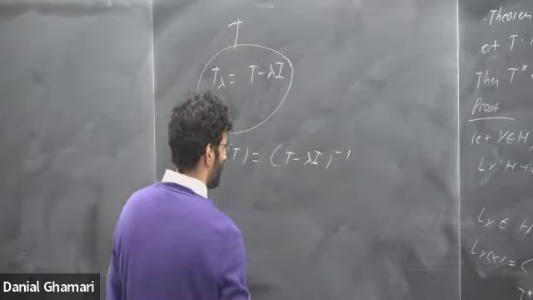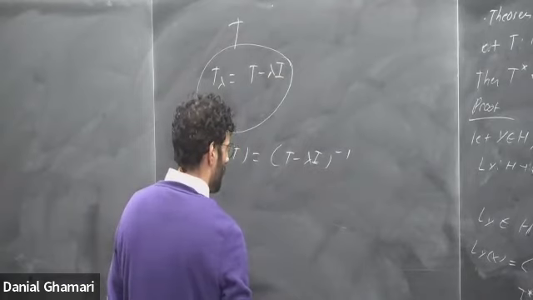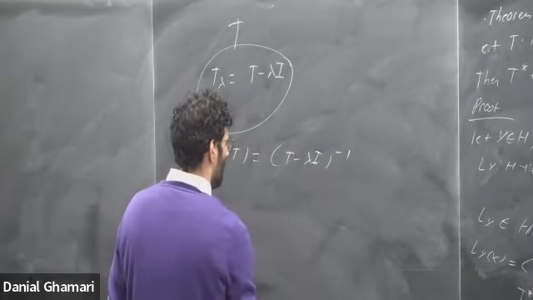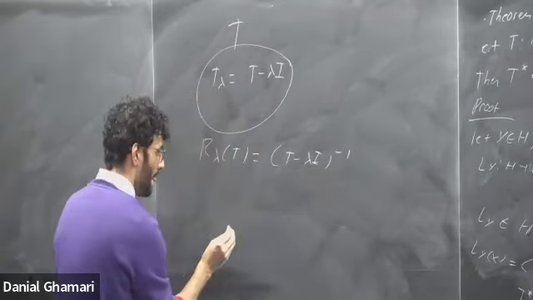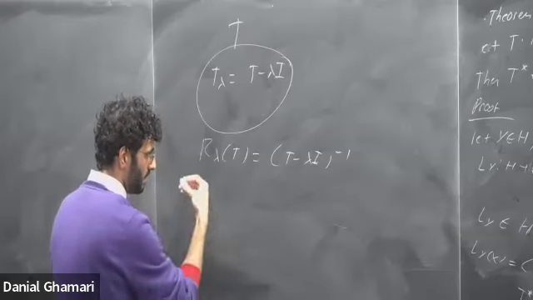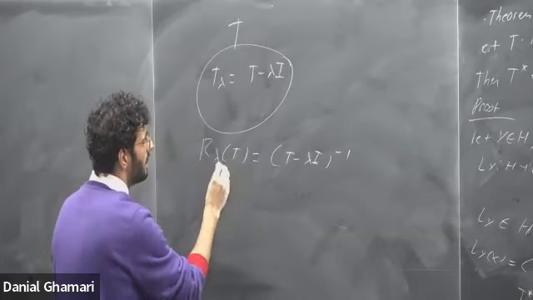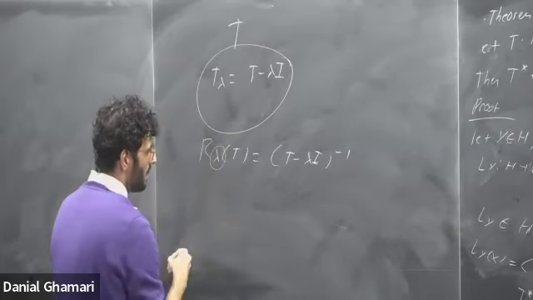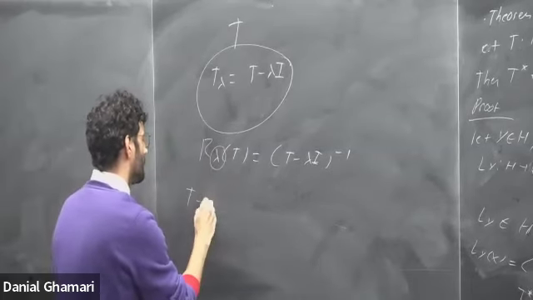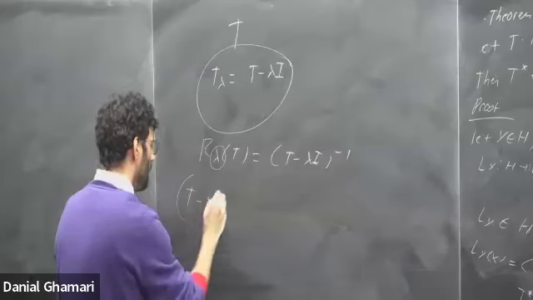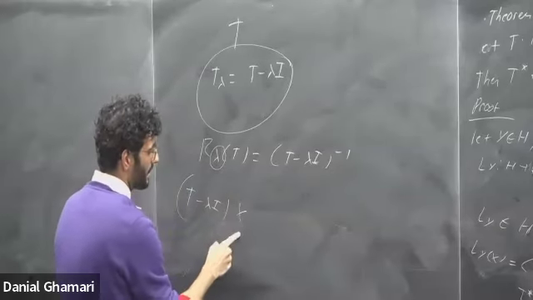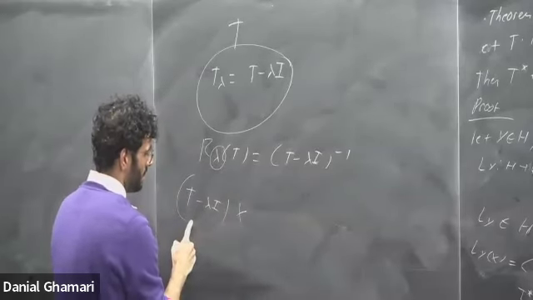So then we can figure out under what cases this exists. It's a function of lambda essentially, right? T is given, so we can change lambda around. So first and foremost, T minus lambda I, if x is an eigenvector of T, right?